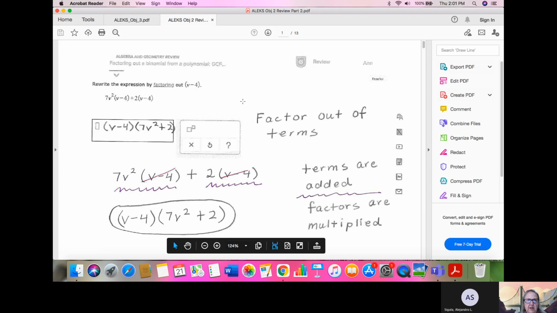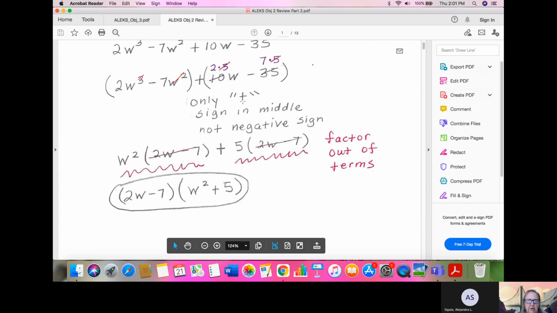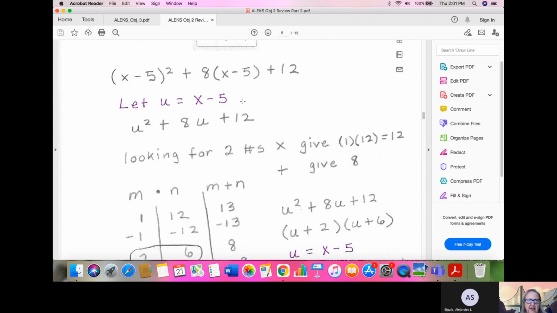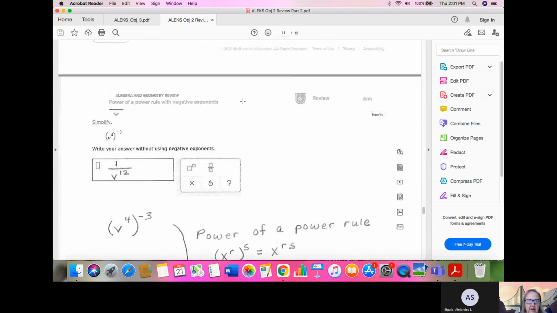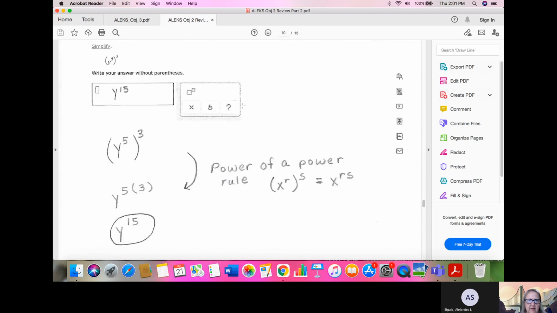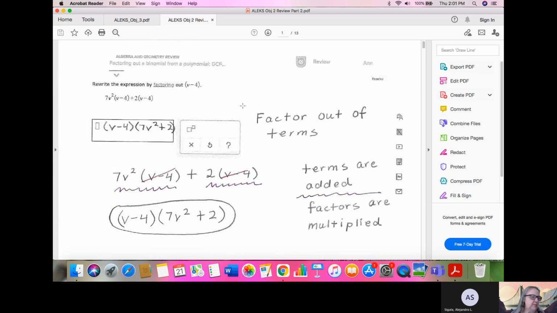I've got the objectives, part 2, the second objective. Yes, we've got some factoring and we've got exponents in that. But if you want me to go into Alex and do one for you, I can do that too. It's up to you what you want me to do.